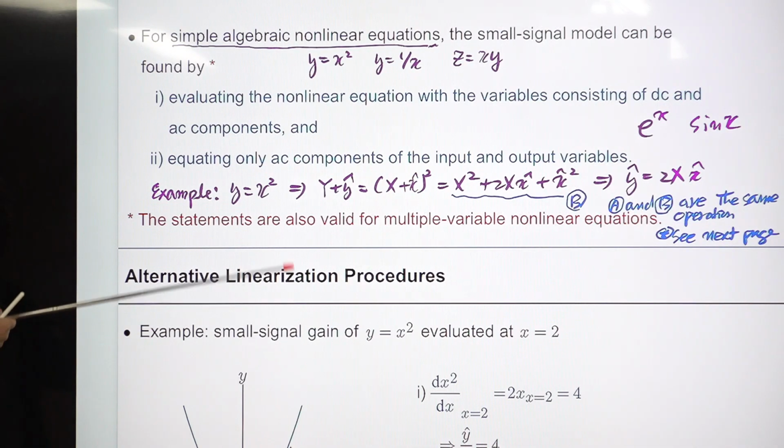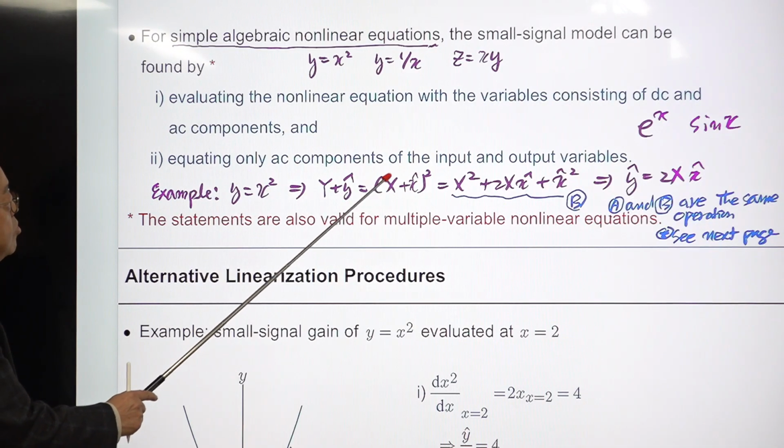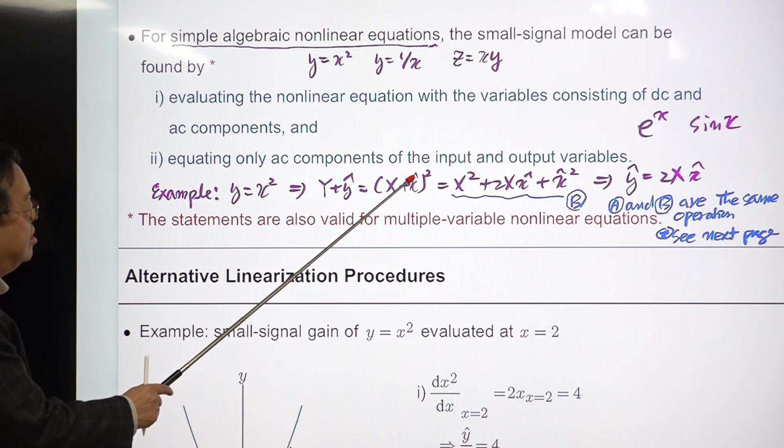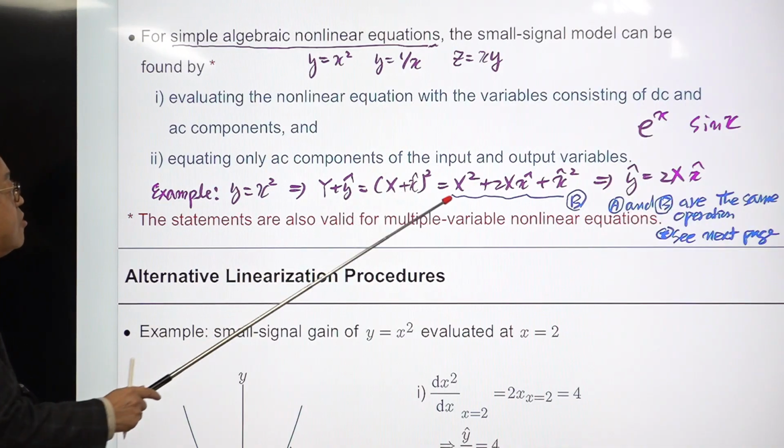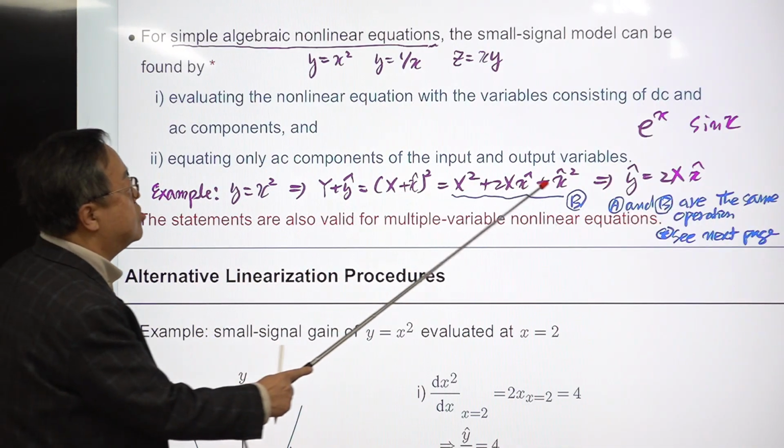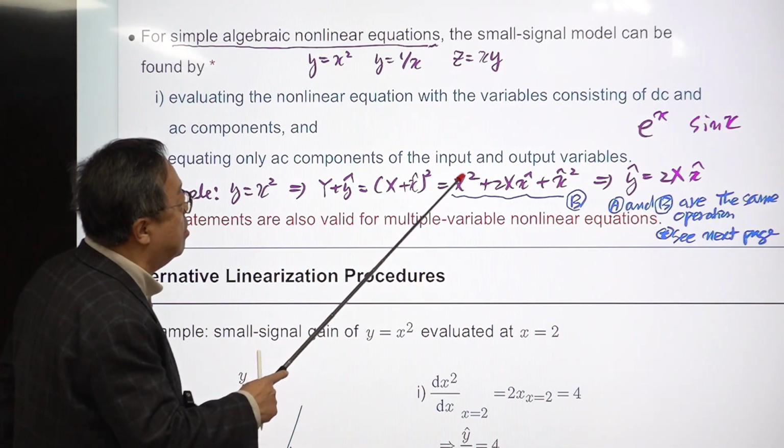For example, y is transformed to DC plus AC, and x consists of DC and this AC, and you expand this, then you have this, and you ignore this. No, not ignore.